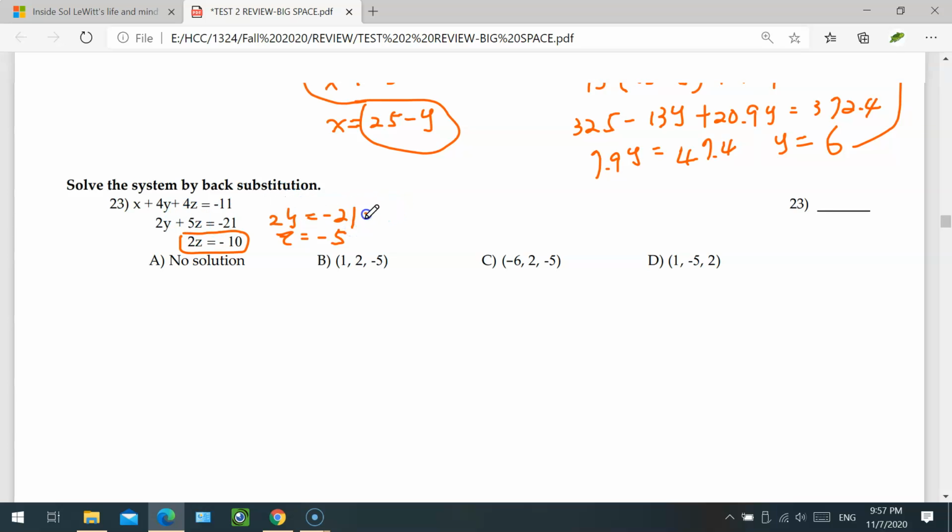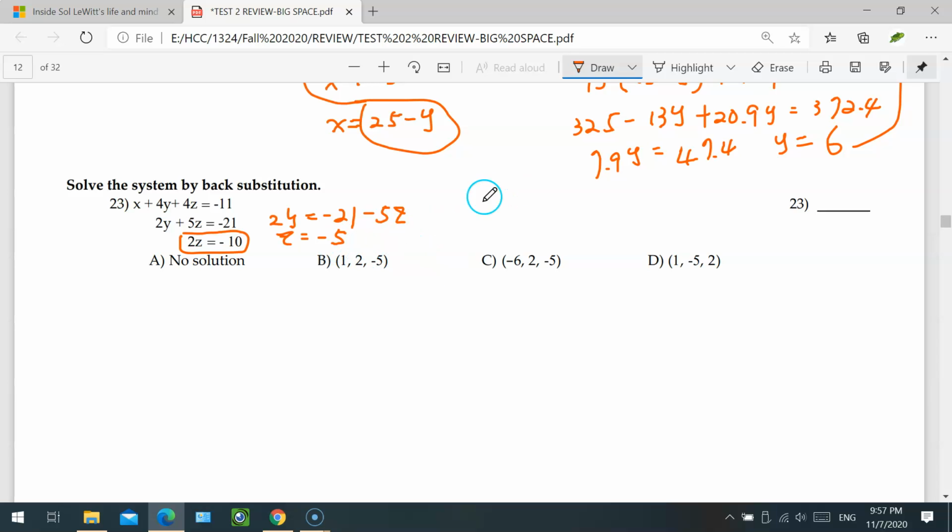I bring the 5z to the right hand side, which gives me minus 5z. Now 2y is equal to negative 21 minus 5 multiplied by negative 5. So 2y is equal to negative 21 plus 25, which is 2y equal 4, y equal 2.